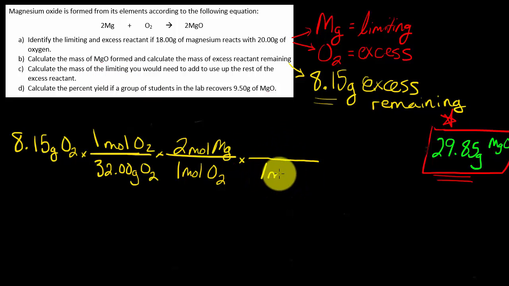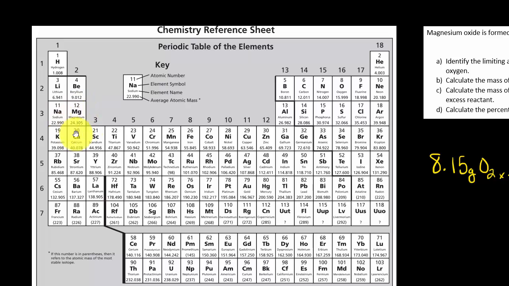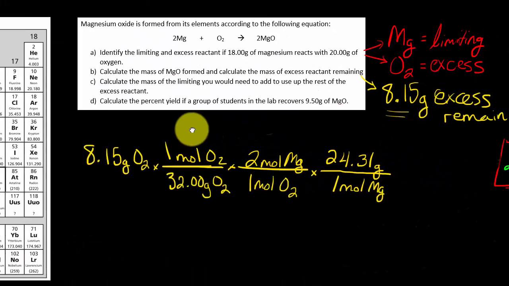And so 1 mole of magnesium is 24.31 grams. Just to double check that, we'll go over to our periodic table and we'll see that the molar mass rounded to the hundredths place is 24.31 grams.